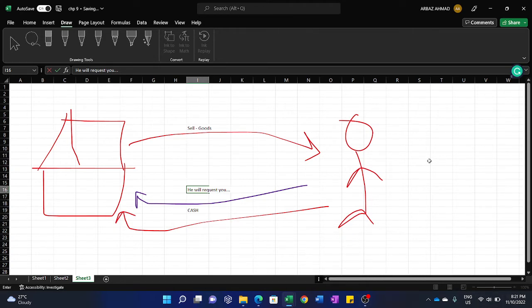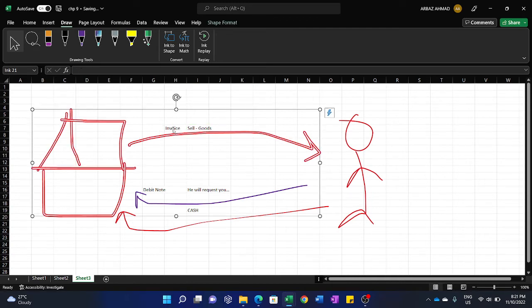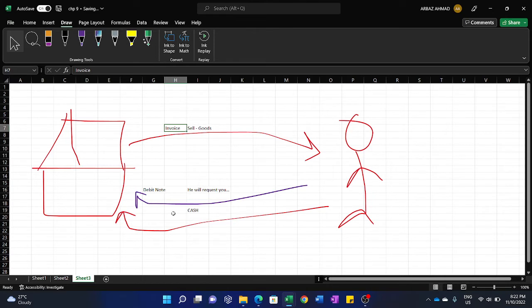Usually you call this a debit note. This one is the invoice. When he pays you cash and you deliver him the goods, you issue an invoice because he paid you, right? It's like you go to 99 Mart, you pay something, they give you the receipt. So you get the invoice.